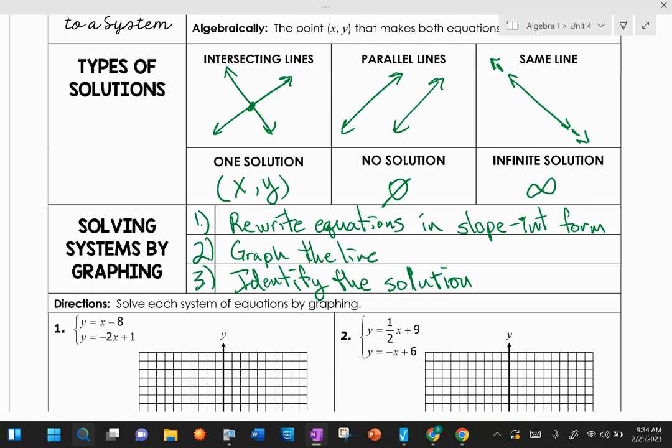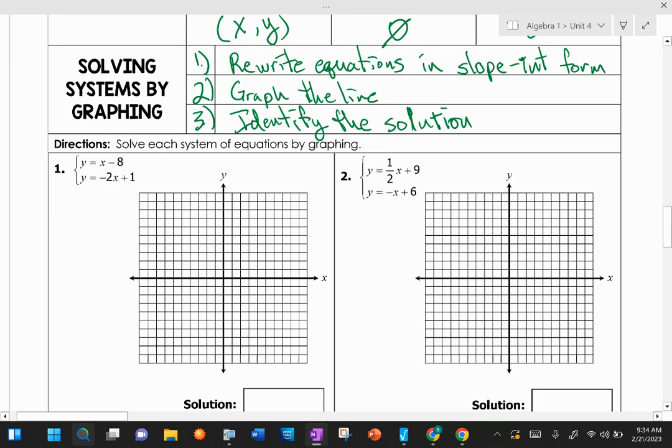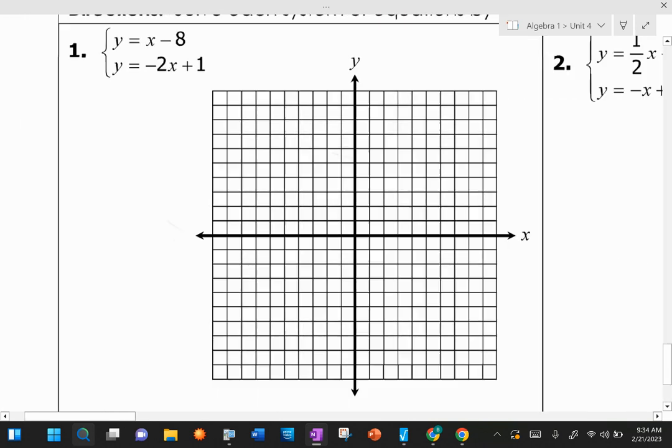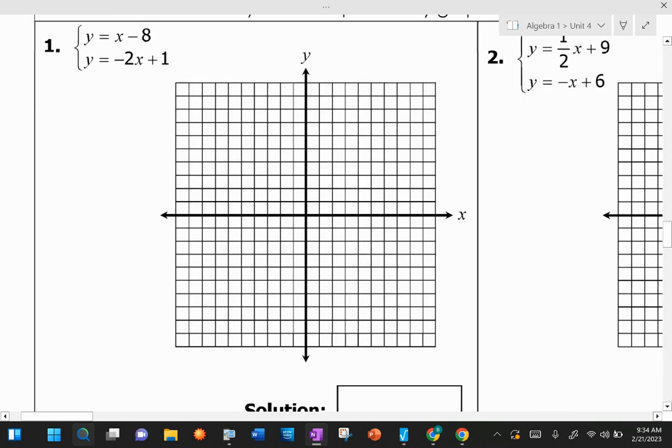What is a solution to the system? Where they intersect. It is a point, an x, y. Let me show you. On number 1, we're going to identify the equations as being in slope-intercept form, hopefully. These are both in y equals mx plus b form. The constant, the number by itself, is the y-intercept. So that would be at -8.